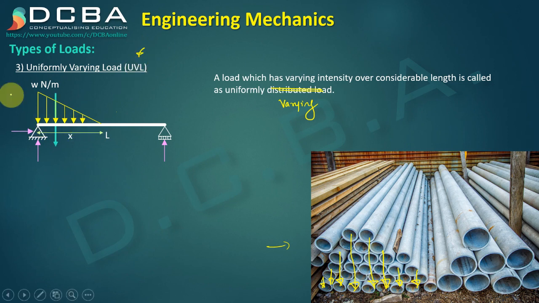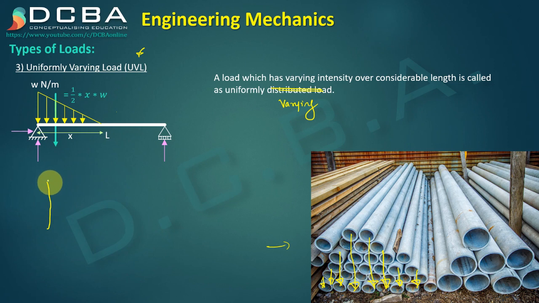It can also be simplified into a simple concentrated force. The intensity of this concentrated force, as we saw in the previous case for a UDL, was the area of the rectangle. In this case, it will be the area of this triangle that we have shown you, which is half into X into W. Okay, so this is the intensity of the load and the point at which it acts.